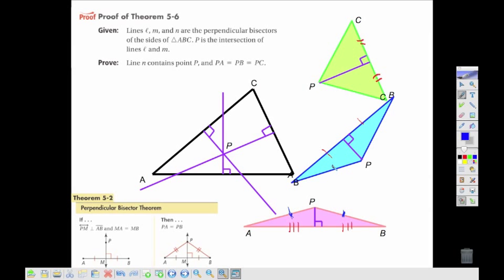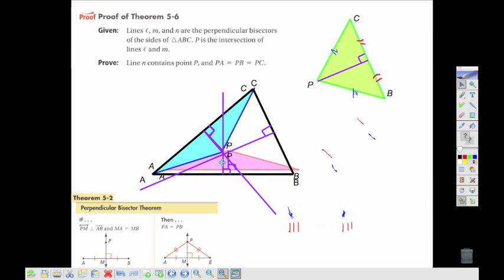In this one they would be congruent to each other, in this one they would be congruent to each other, in this one they would be congruent to each other. And if we remember that PC is the same length, then those two are congruent to each other. Basically we should see that all of these lengths, CP, AP, and BP, are all the same.